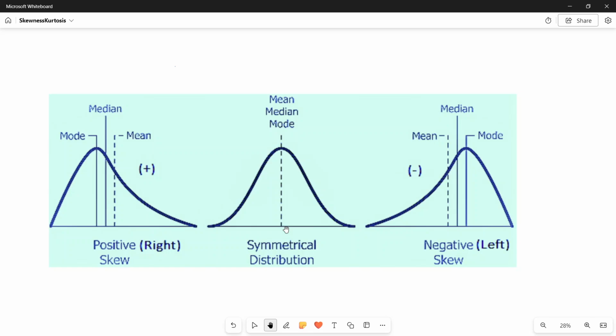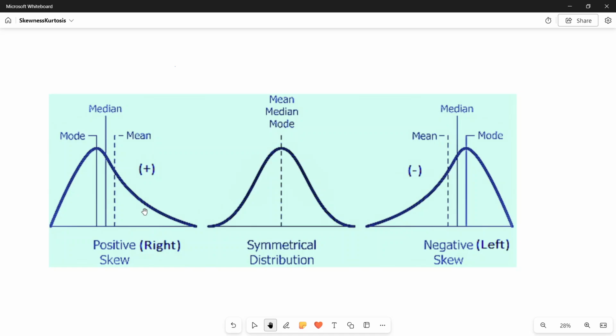So that is the positive direction. Right side is the positive direction on the number line, and left side is the negative direction on the number line. So if our right tail is longer, we say that it is positively skewed because it's on the positive side of the number line.